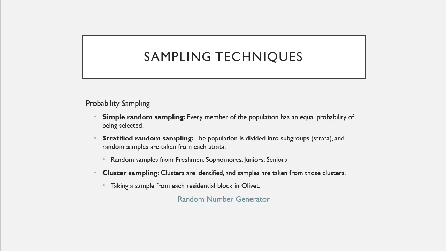So the interesting thing about simple random sampling is that every member of the population, or every member in our sampling frame, has an equal probability of being selected. Let's think about that for a second. When you're in gym class and you want to be counted off into teams, team 1, team 2, team 1, team 2, and you and your buddy want to be on the same team, you will get one person between you.